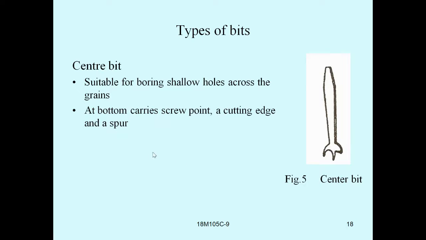Suppose we want to make shallow holes across the grains, we can prefer the center bit. The bottom carries a screw point, a cutting edge, and a screw. You can see the diagram here. The cutting edge does the primary cutting.